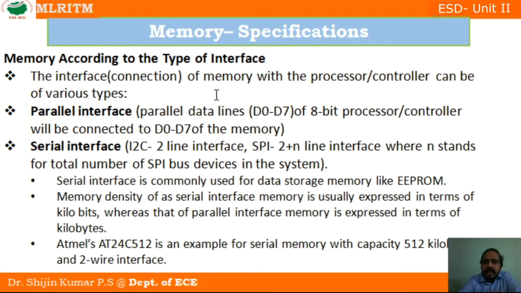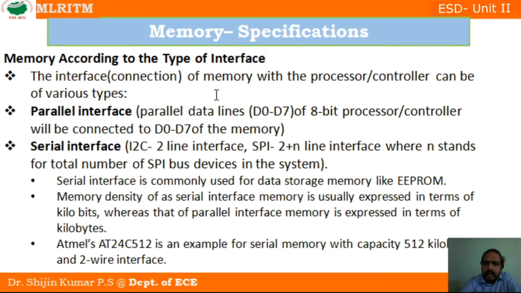The memory density of serial interface memory is usually expressed in kilobits. We have to note it is kilobits. If you consider a parallel interface, it will be kilobytes. Why this difference between kilobits and kilobytes? Because in serial communication we transmit bits one by one, back to back.